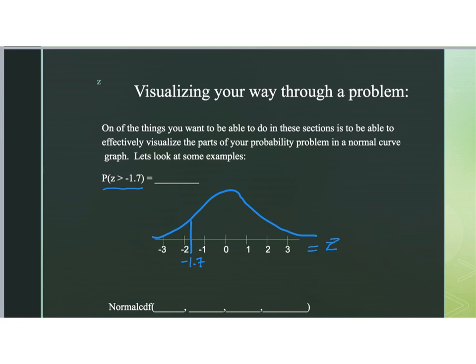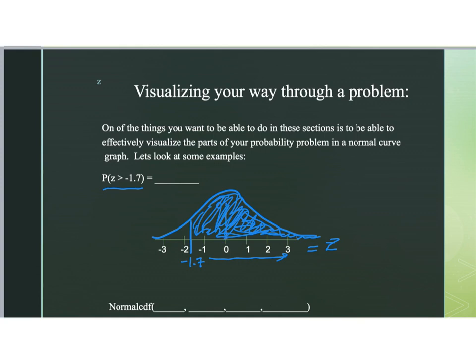Well, all the values that are greater than negative 1.7 are going in this direction. And so I'm going to go ahead and shade this area that I'm looking at here. So with this stated and shaded with the visual I have, I can know that my probability should be something greater than 50%. Now, why is that?